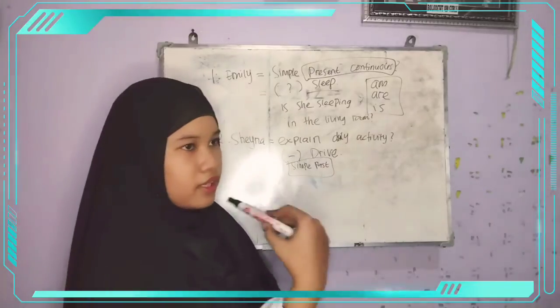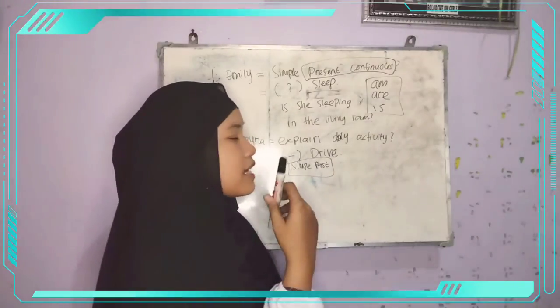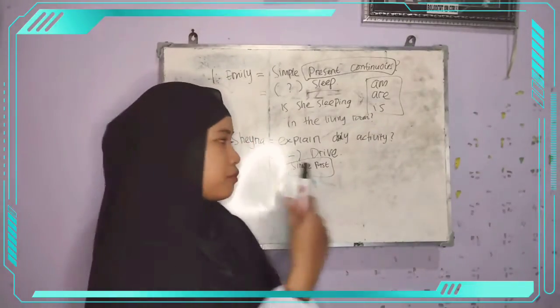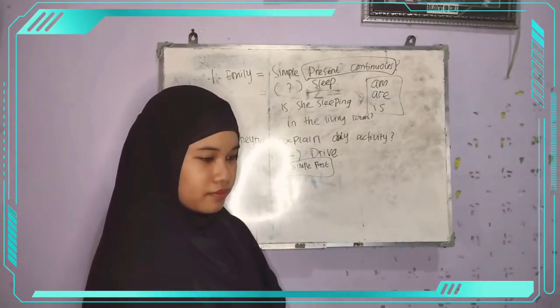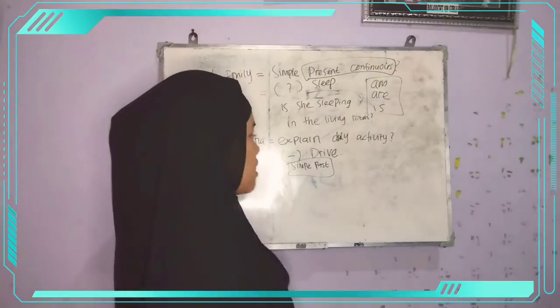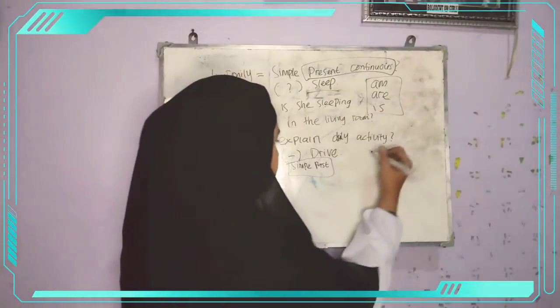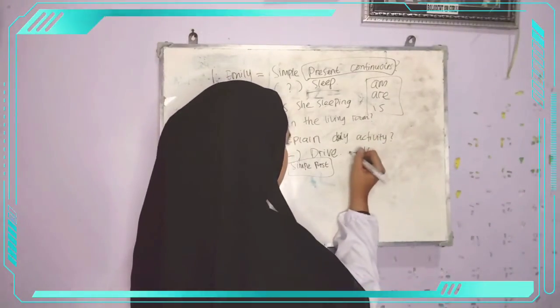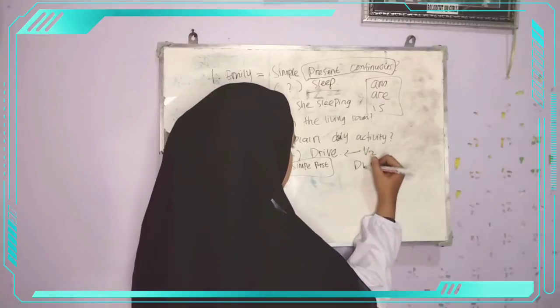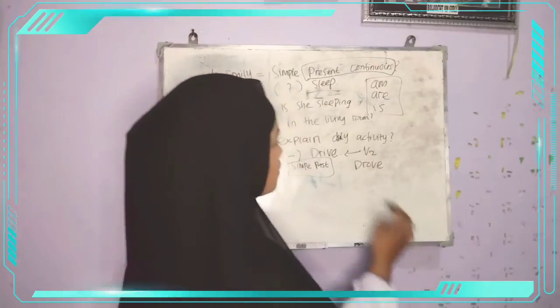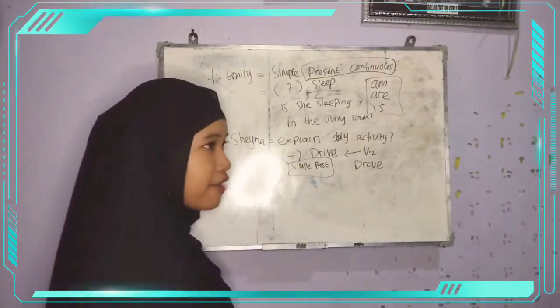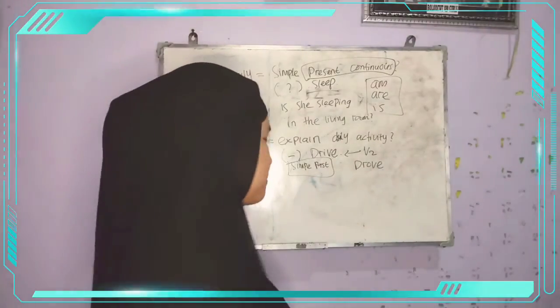Okay, let's make an example of a negative with the verb drive. I didn't drive a car. And the past of the verb drive is drove, right? True. Drive, drove, driven. True.